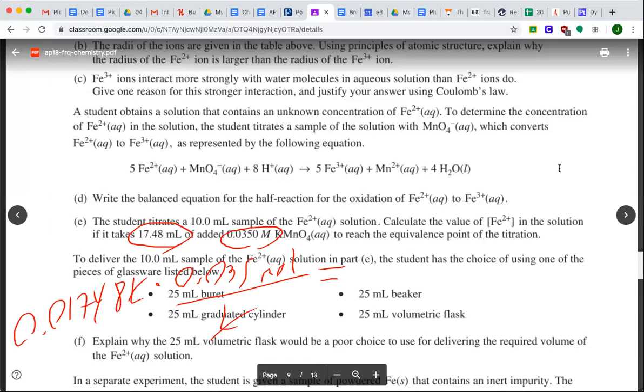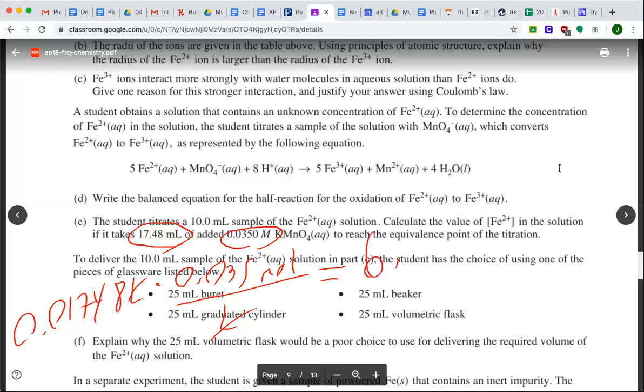So let's go ahead and do the math. 0.01748 times 0.035 equals, yowzer, 6.12 times 10 to the negative fourth moles.